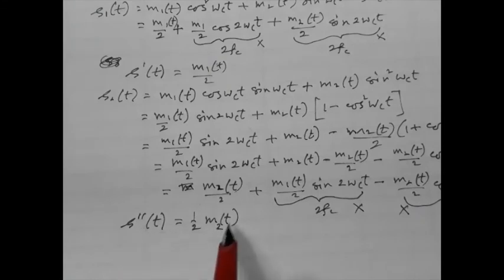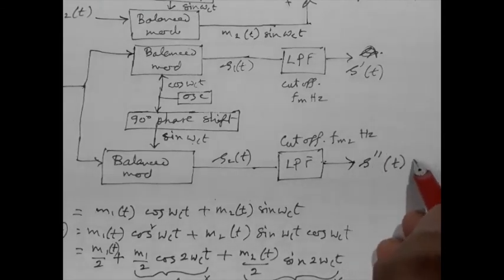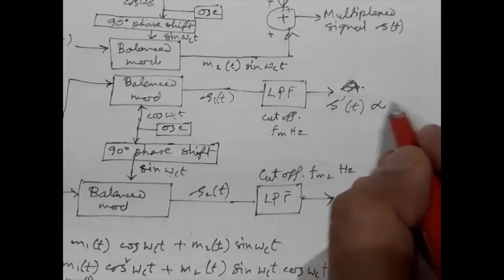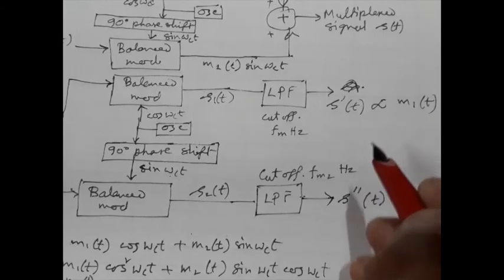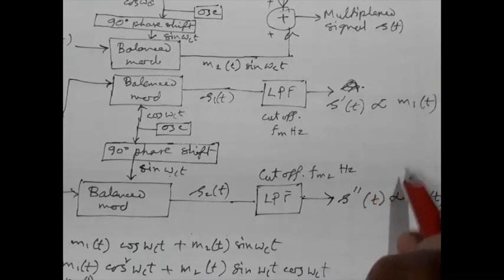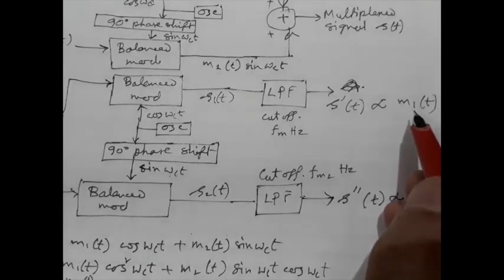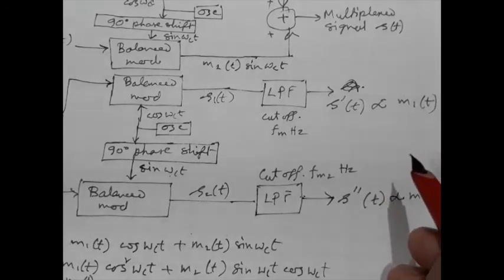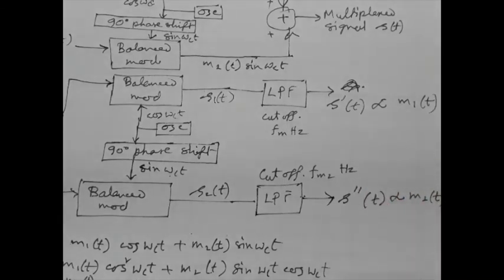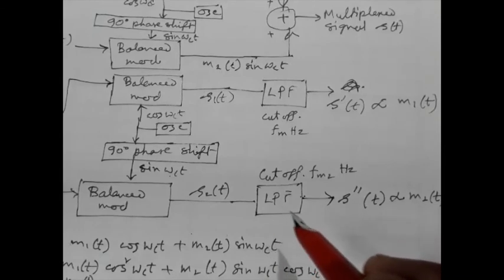So S double dash t is proportional to m2(t). That means at this port we will get m2(t), and at this port we will get m1(t). So both the channels, both the baseband signals, can be recovered and they are isolated from each other at the receiver. So this is what we call the quadrature carrier multiplexing.